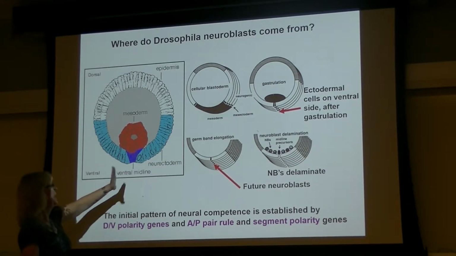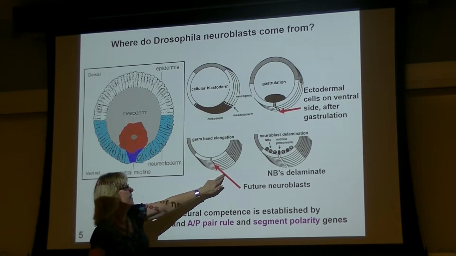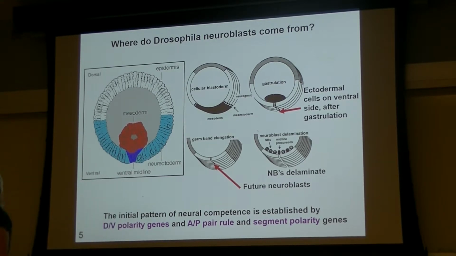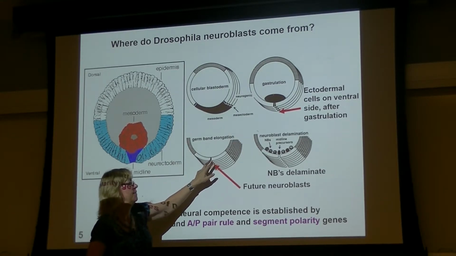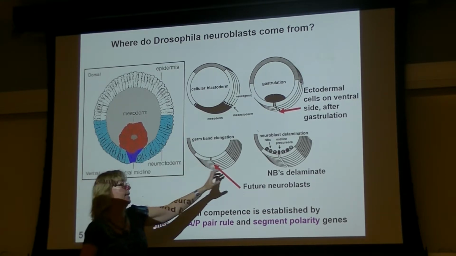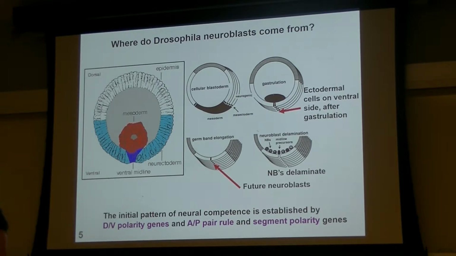And especially right down the midline, these dark blue cells, or in black on this picture, are going to become neuroblasts, and you can even see these eventually will delaminate from this epithelial sheet of cells, and some of these will migrate into the interior of the embryo.